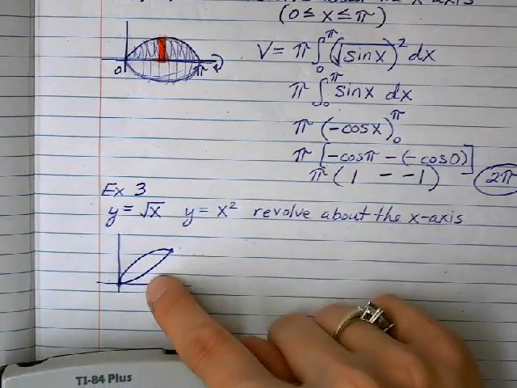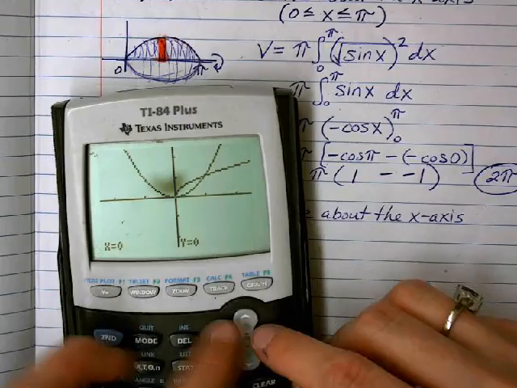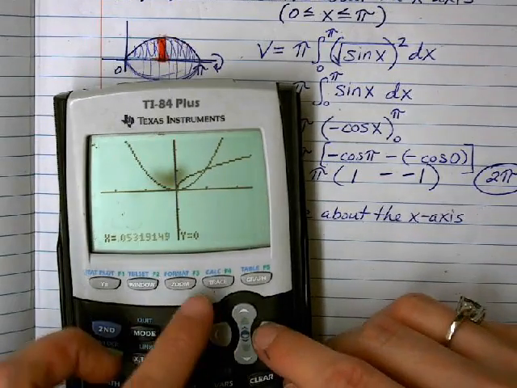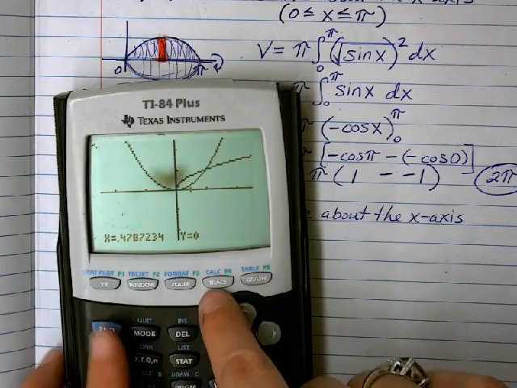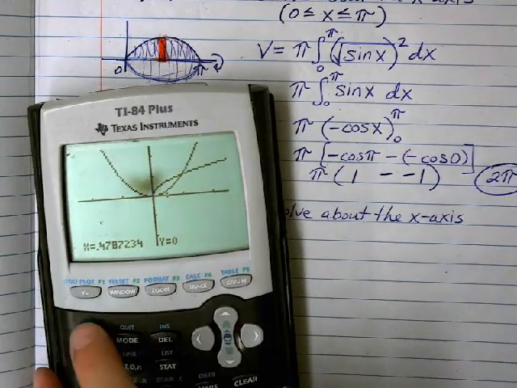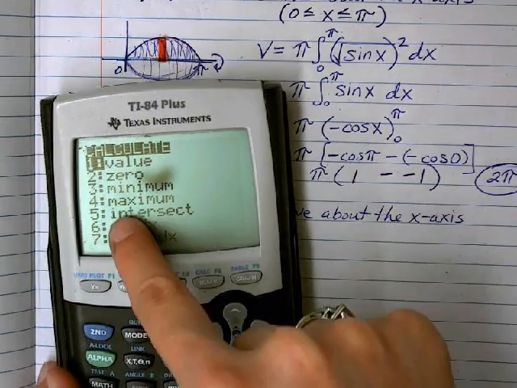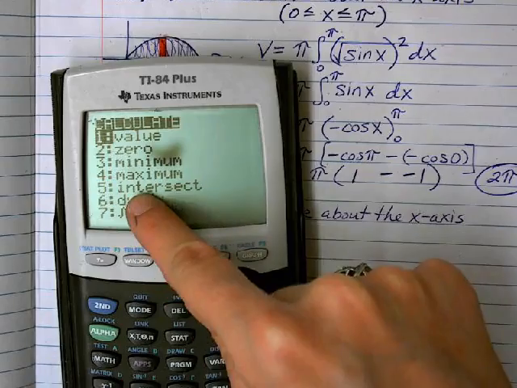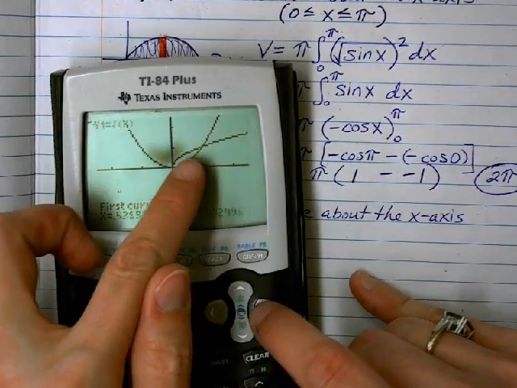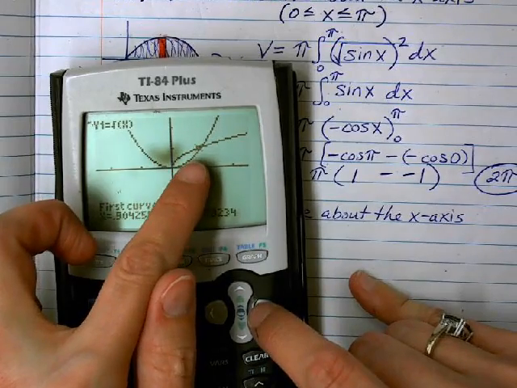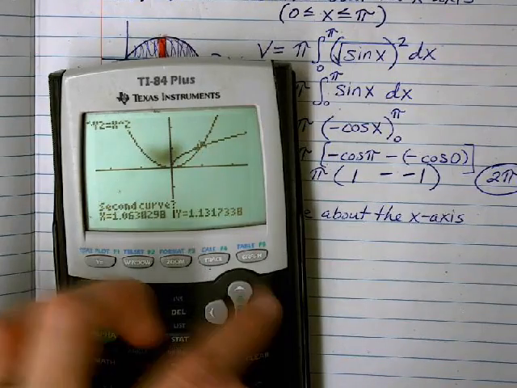Where do these intersect? Well, if you use the arrow buttons on your calculator, you can move your cursor. You have to hit second and the trace button, which says calculate, and you can calculate intersection points, number 5. You just hit 5, and you move your cursor with the arrows to that spot where you think they're crossing, and then hit enter, and enter again, just be close to that spot where you think they intersect.